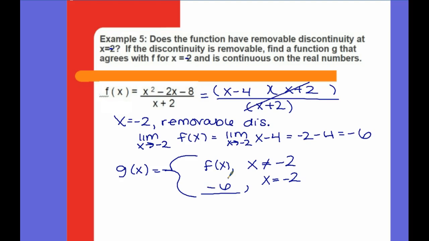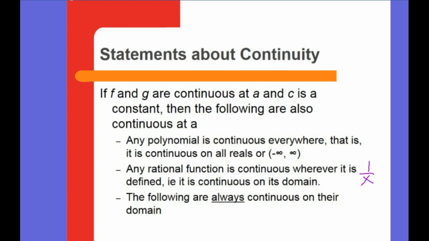So I fill in the hole. That's what we've done with this piecewise. We've filled in the hole. The hole gets filled in with the limit. The limit fills the hole.